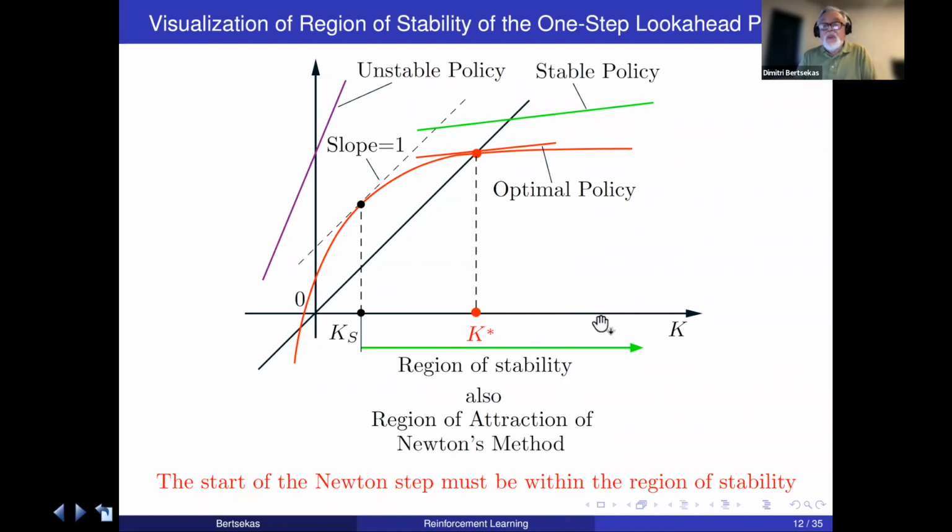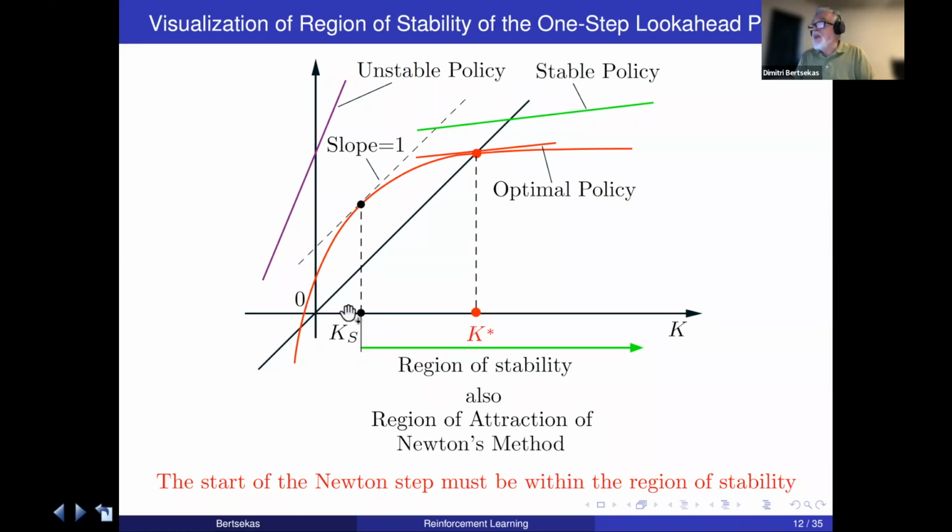Now, if you look at this figure here, this region of stability also happens to be the region of attraction of Newton's method, the set of starting points for Newton's method that yield convergence to the optimal solution. If Newton's method is started somewhere here, then it will work, but it will go to this solution, not to that solution.